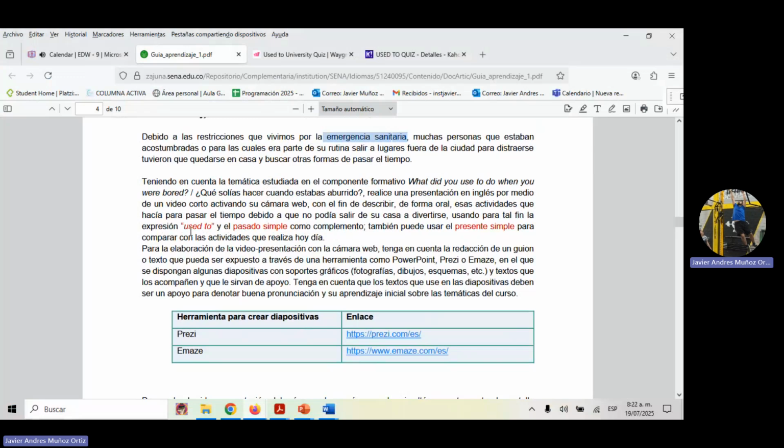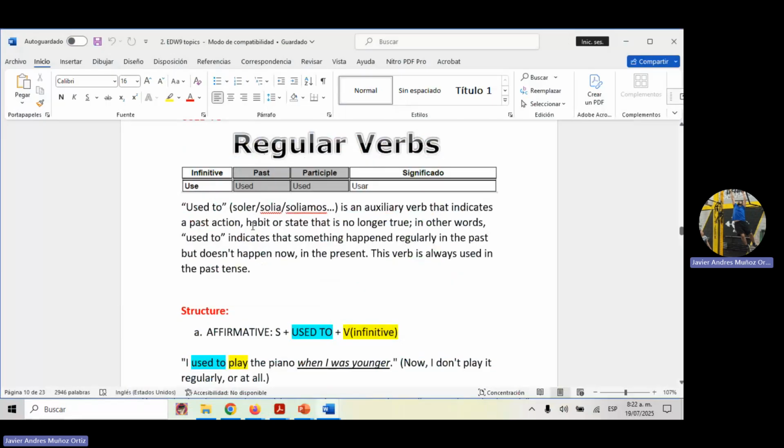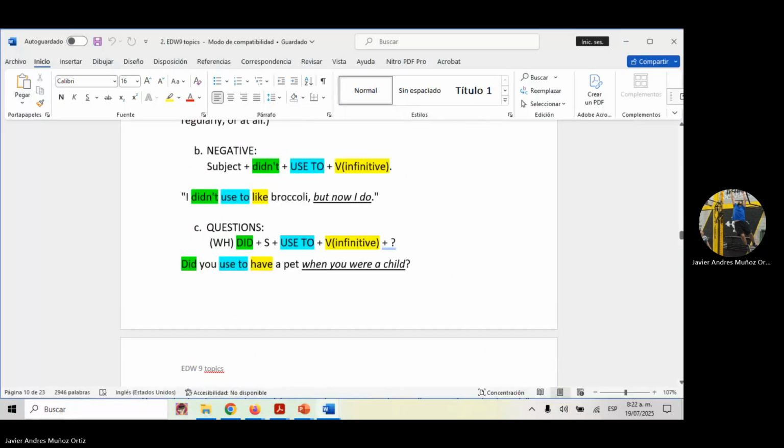We used to watch TV, we used to play soccer online. We used to watch movies very often, but today is not very true, because it doesn't happen very often, for example, right? So we already know how to use this auxiliary verb used to.